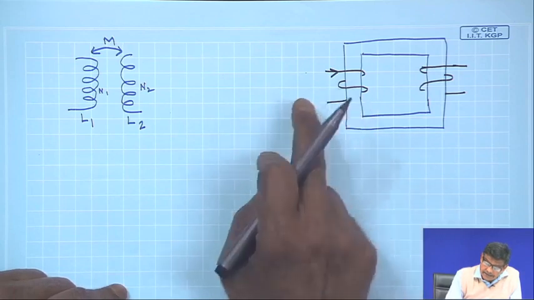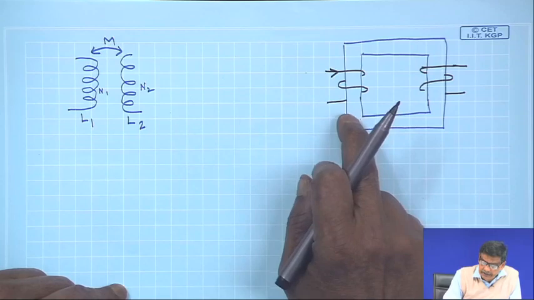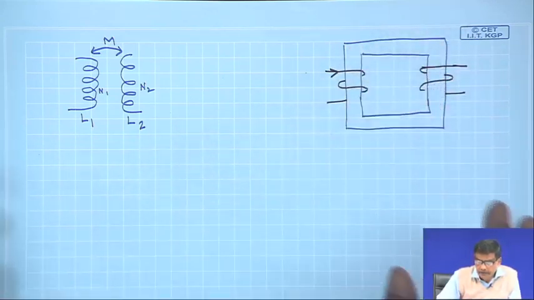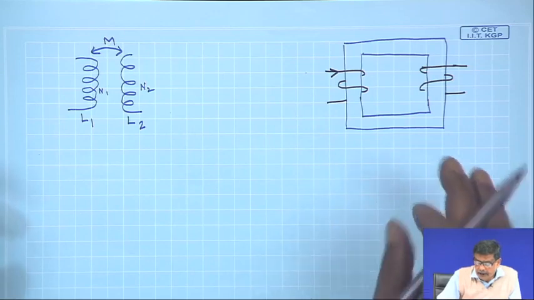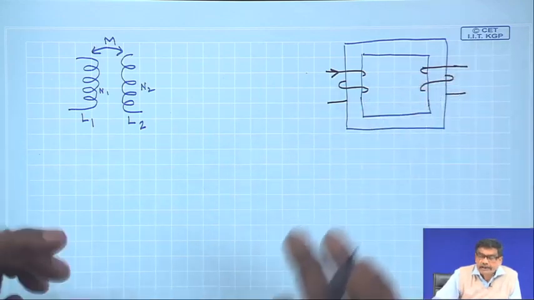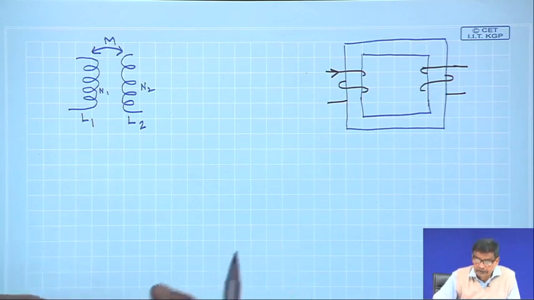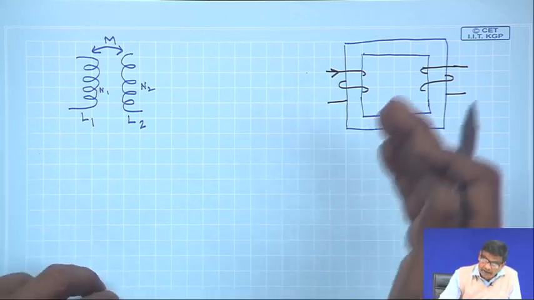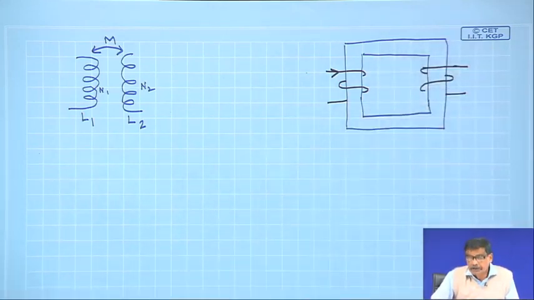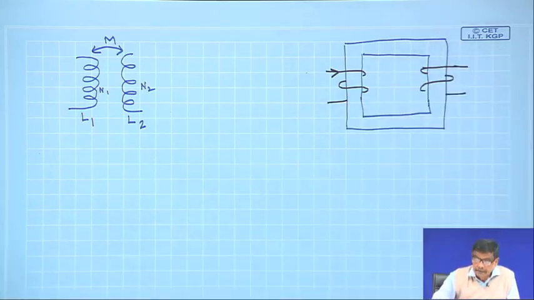But if it is DC current, there will be a constant mutual flux and constant leakage flux, and across the secondary terminals you will not get any induced voltage, because those fluxes will be fixed with respect to time. So, when the flux linkage in the second coil becomes a function of time, only then do you get a voltage across the other terminals.